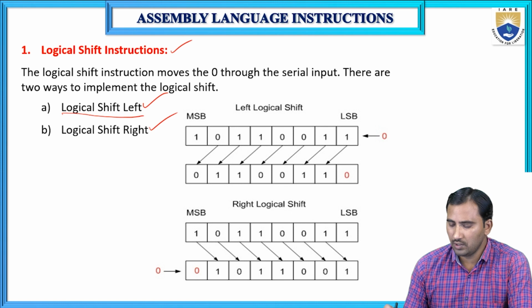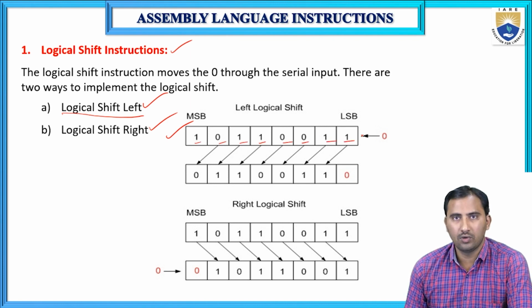Okay, that means suppose see here this diagram. So we have a register and the register is having 1 0 1 1 0 0 1 1. So this is the content of the register. So we are going to perform the logical shift left. So that means the contents, the bits of the register will be moved left side by single position.